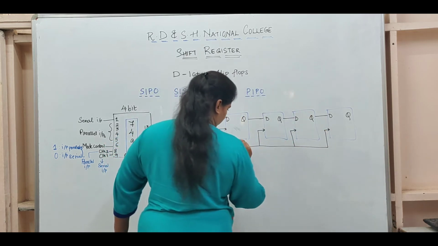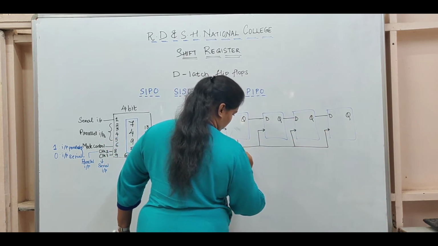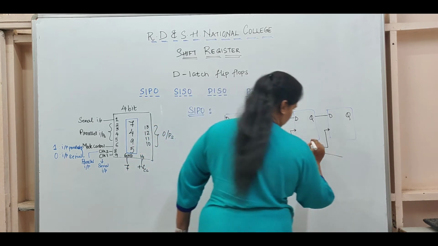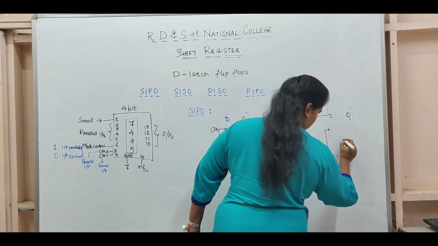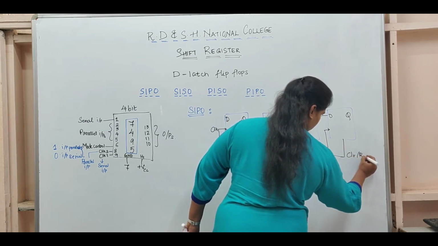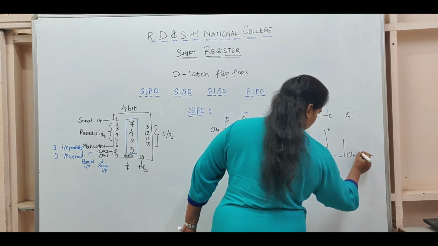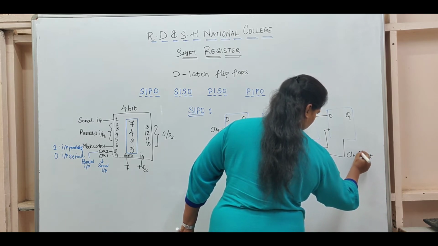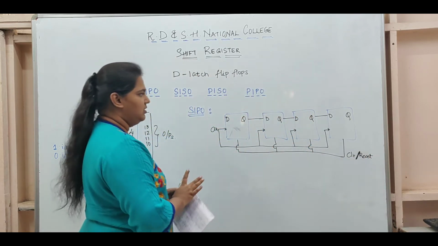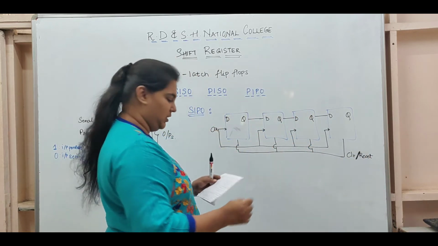At the same time, all of them also have one common pin, which is a clear pin or a reset pin. What this reset or clear pin does is, it will clear the entire circuit to initial 0, 0, 0, 0. So whenever I make this pin high, the entire circuit will be reset, or all my outputs will become 0.